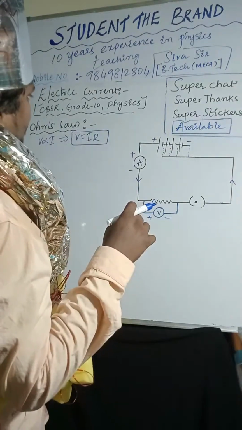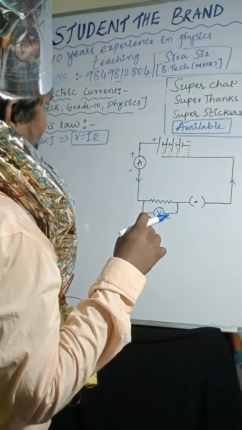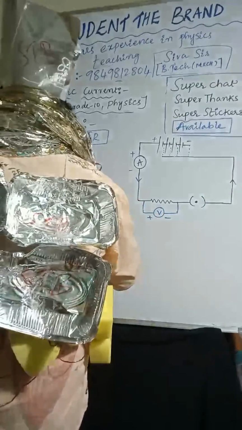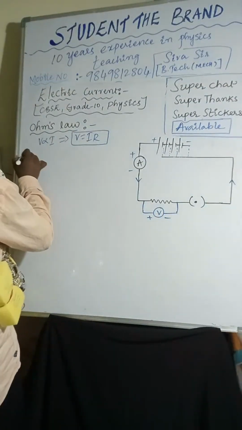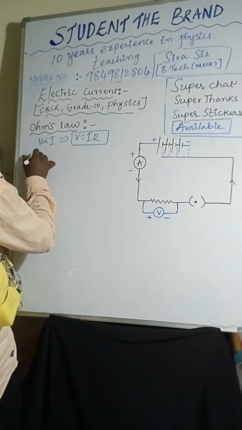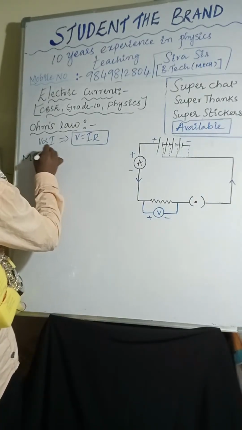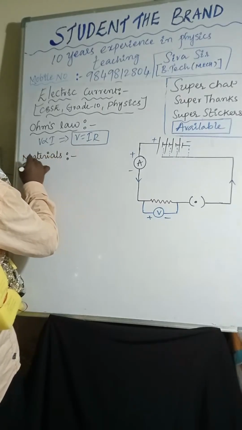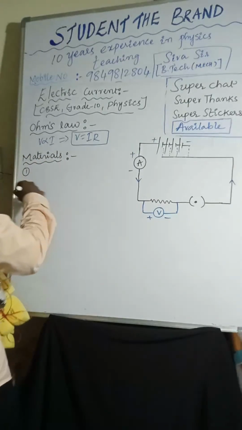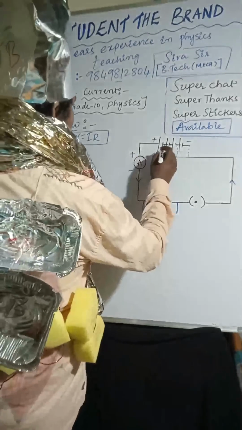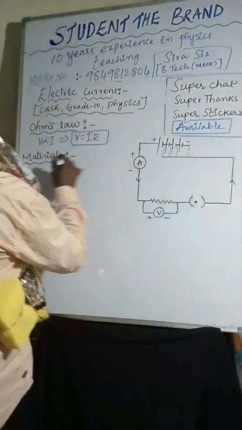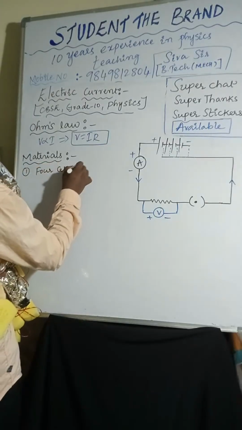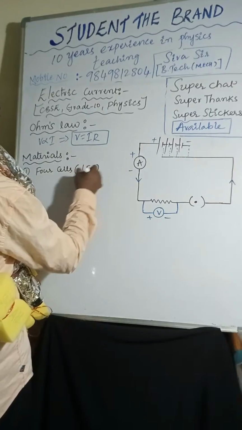Now, what are the materials required for doing this activity? First one is 4 cells of 1.5 volts each.